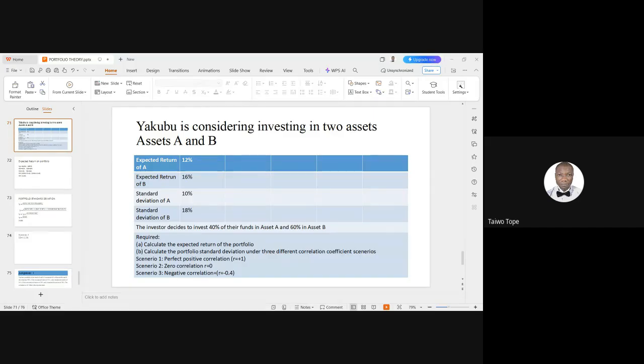When it is undervalued, it means it has a positive alpha. But when it is overvalued, it has a negative alpha, meaning it is performing worse than expected.